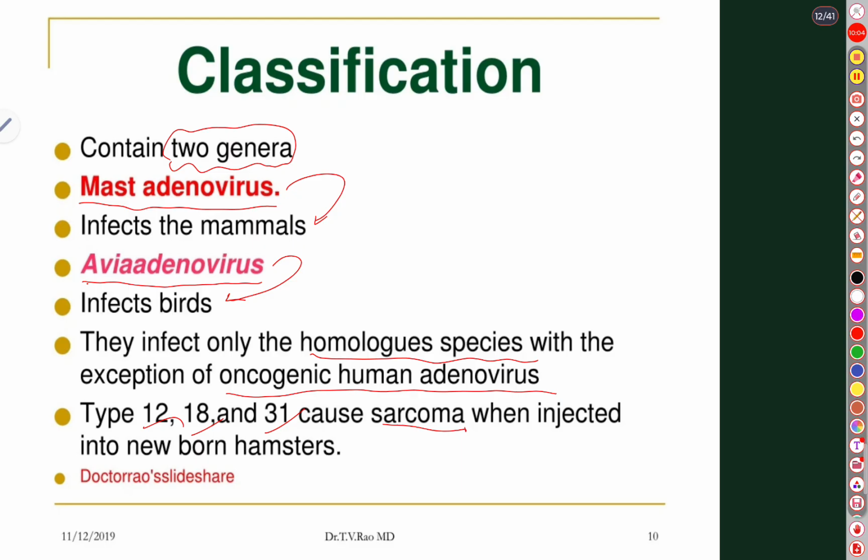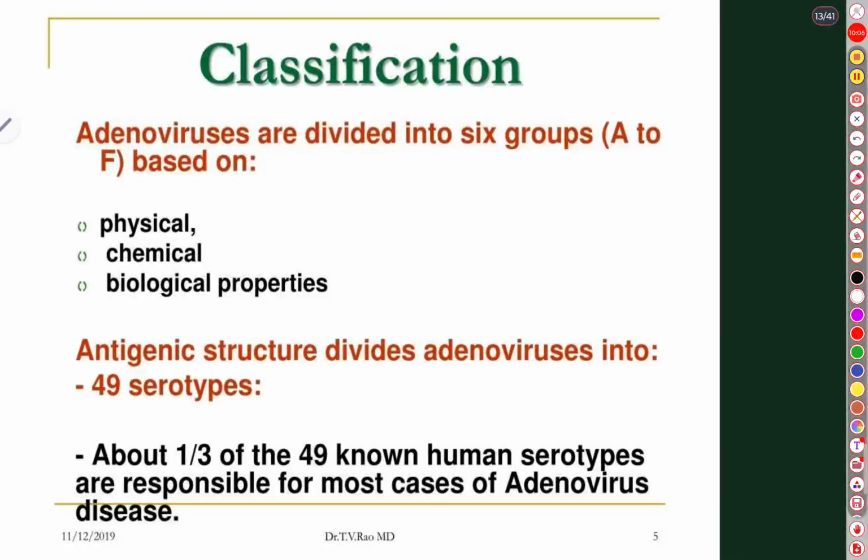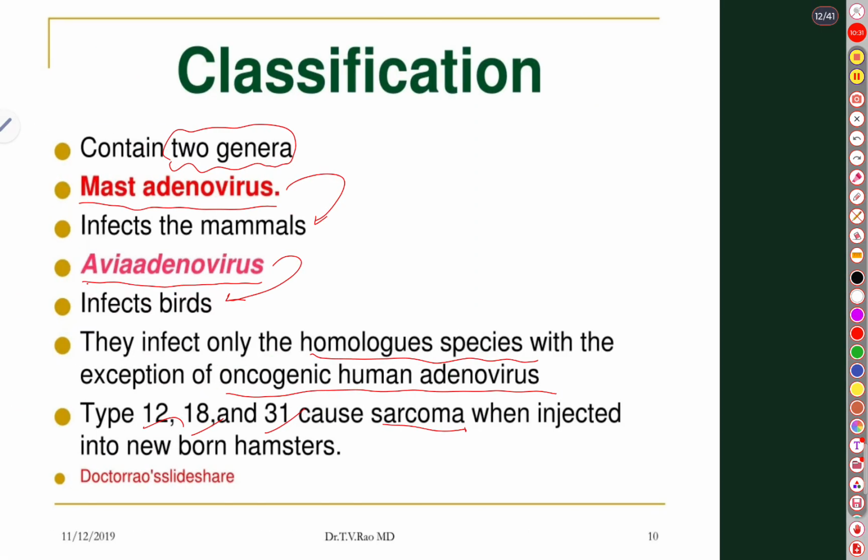Then, further classification. Adenoviruses are further divided into 6 groups from A to F based on physical, chemical, and biological properties. Antigenic structure divides the adenovirus into 49 serotypes.